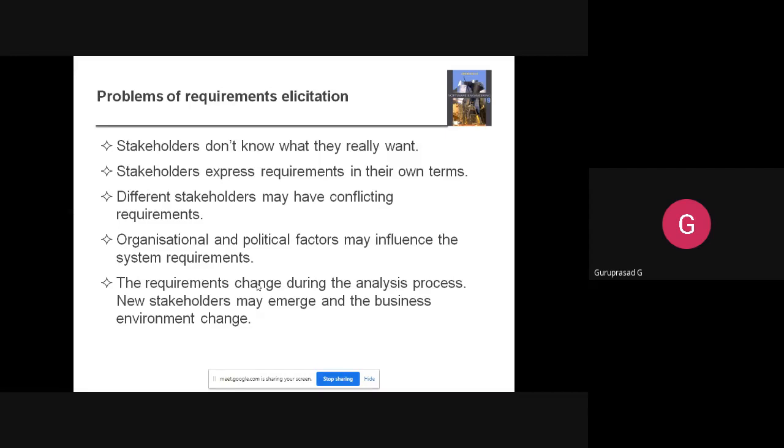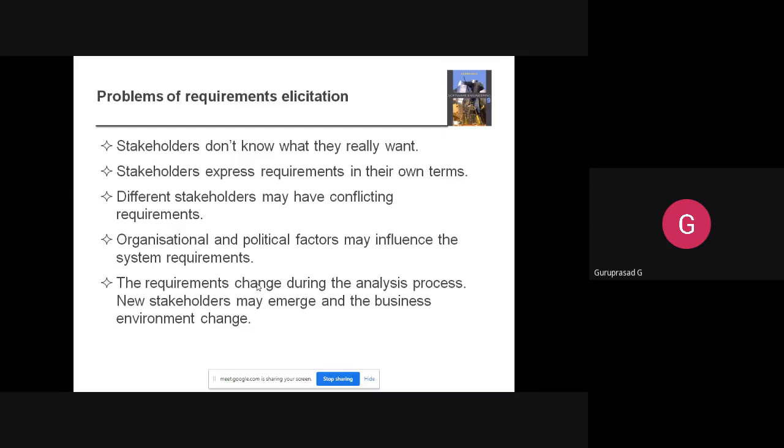Organizational and political factors also influence the requirements, and the requirements change during the analysis process. The economic and business environment is dynamic, so there is always a change. Naturally, new stakeholders will emerge, and the business environment will change.